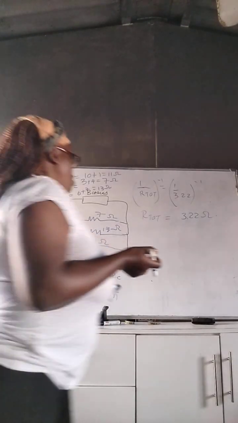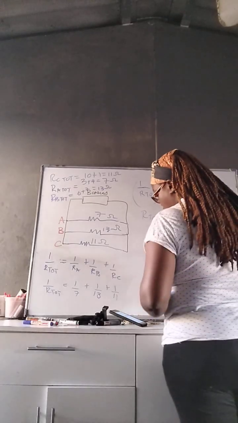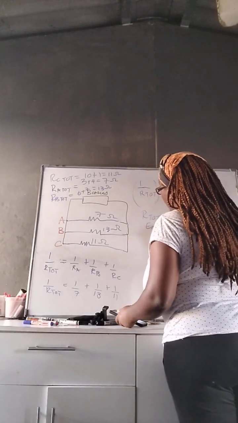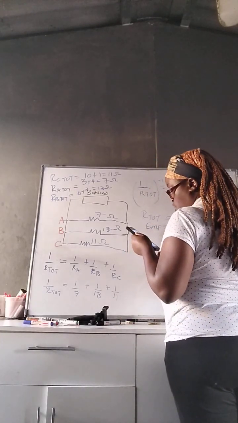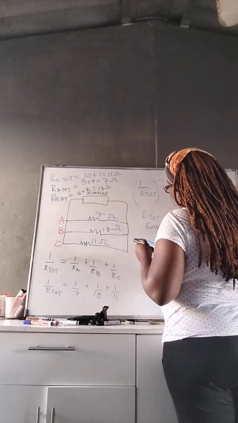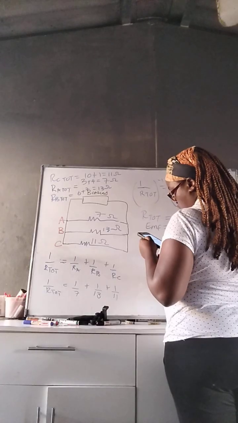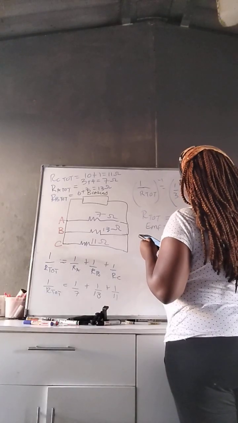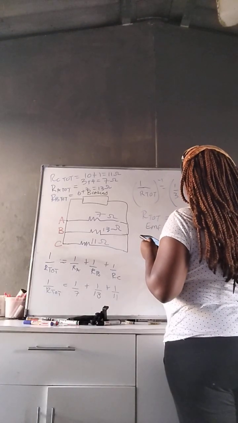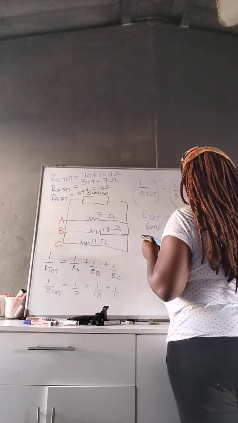So how do we get EMF? EMF is equal to V load plus V internal resistance, right?